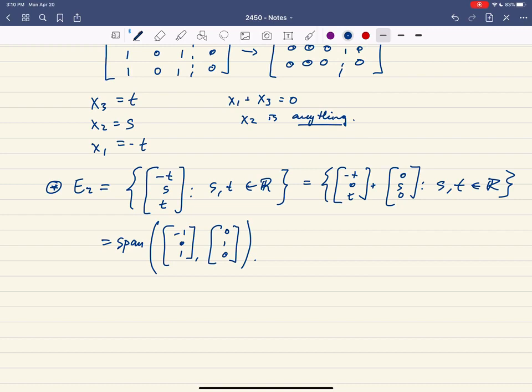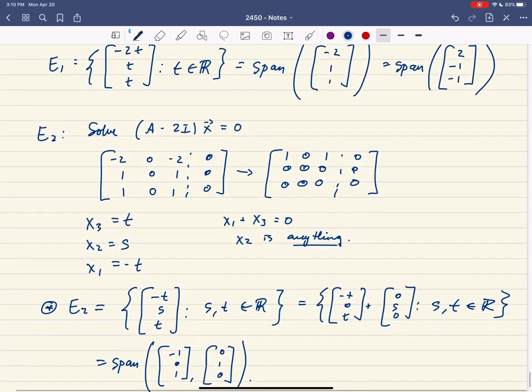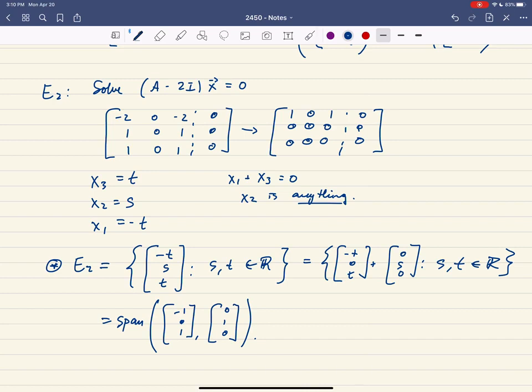Notice that this eigenspace E sub 2 is a two-dimensional space. That did not have to be the case, but it turned out that that was possible because 2 was an eigenvalue of multiplicity 2.